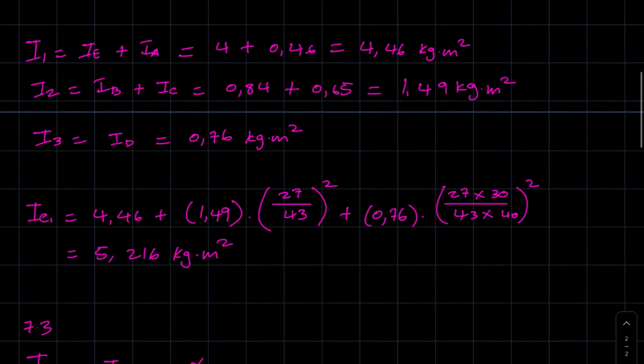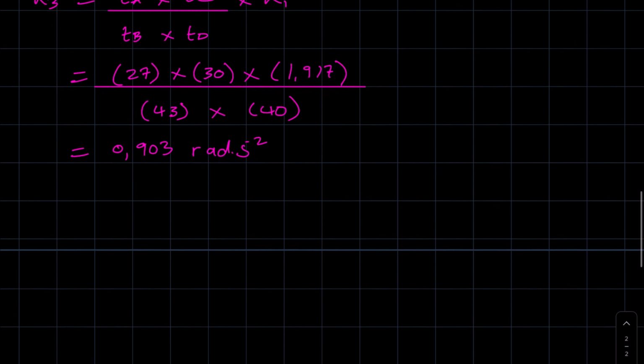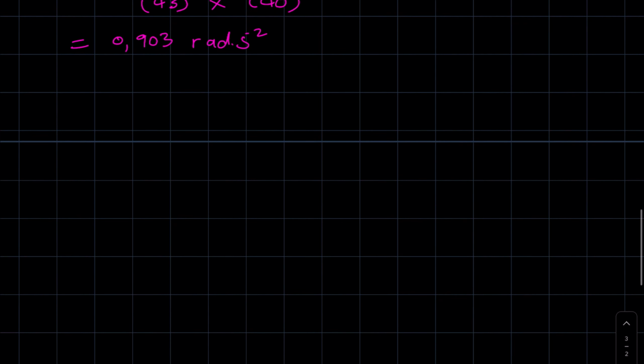So using one of the equations of motion that is convenient for us: we are looking for the final velocity, which is equal to the initial plus the angular acceleration of the output shaft times time.